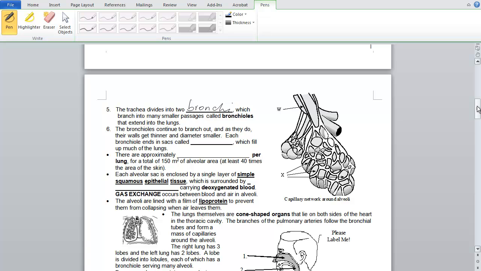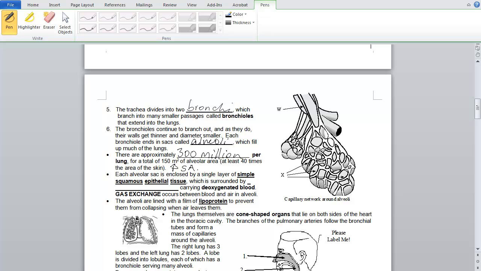Each bronchiole ends in small sacs called alveoli, which fill up most of your lung volume. There are approximately 300 million alveoli per lung. So that's a lot, giving you a lot of surface area, and this surface area is for gas exchange.